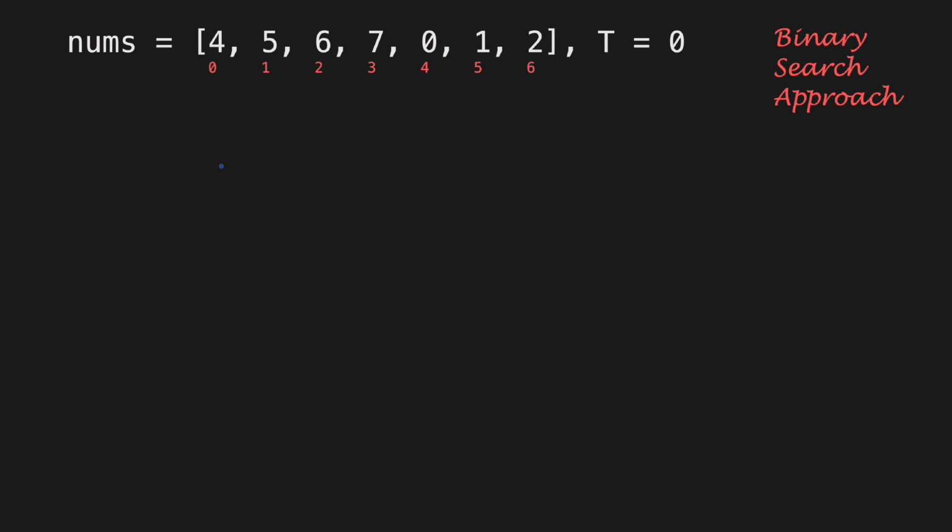Now to adapt a binary search like solution for this rotated sorted array, let's start by visualizing the array. As we observe, the numbers initially appear in ascending order, but at index 4, that is for element 0, a pivot interrupts the sequence, and after this pivot or blip, the array again resumes in ascending order, effectively splitting it into two sorted segments with elements 4, 5, 6, 7 on the left and elements 0, 1, 2 on the right.